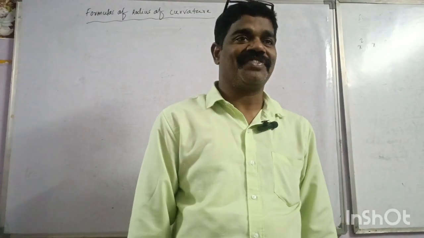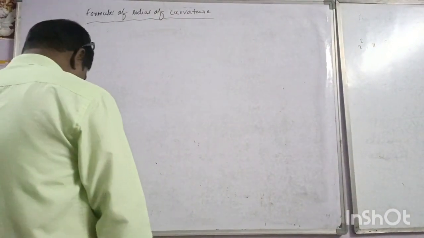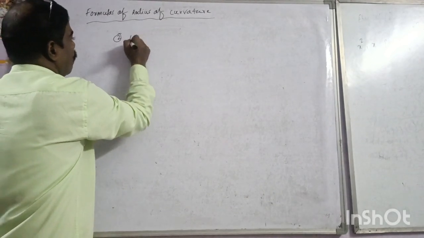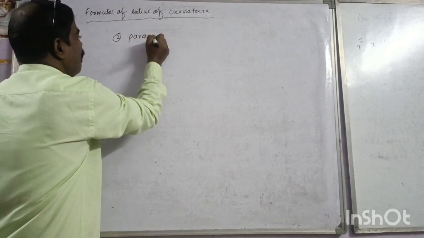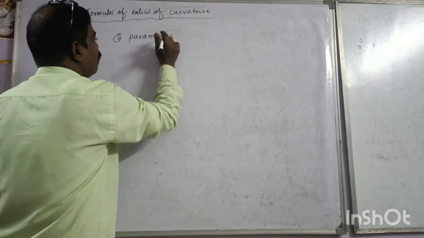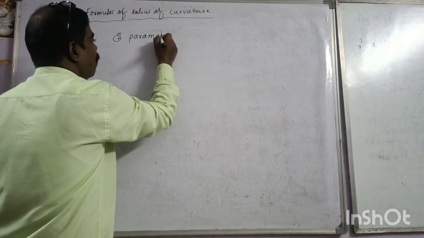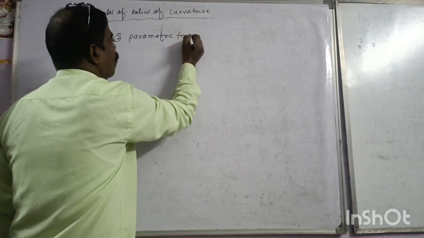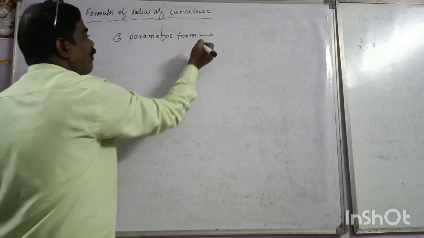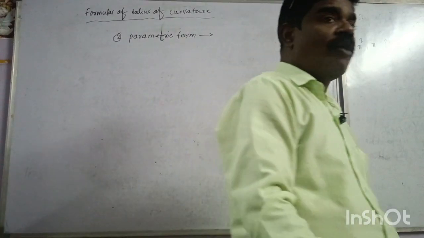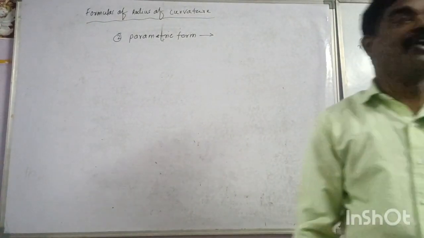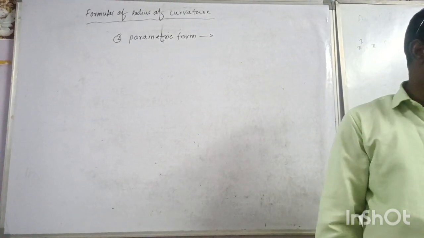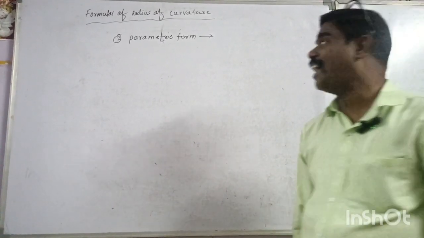Next, the second one, parametric form. Parametric form means here there is one independent variable and two dependent variables.